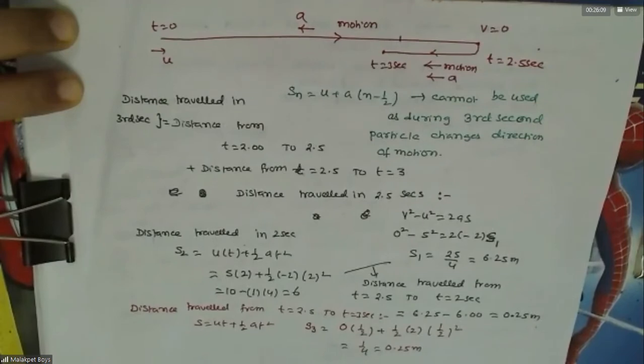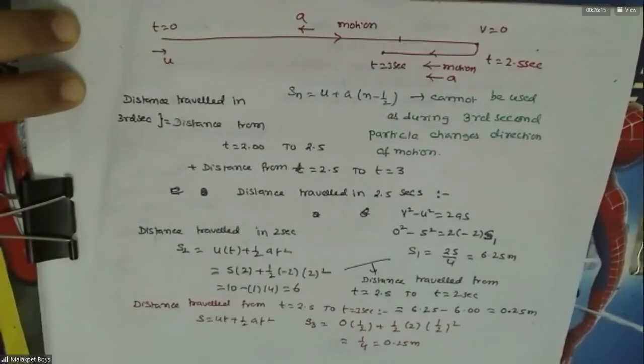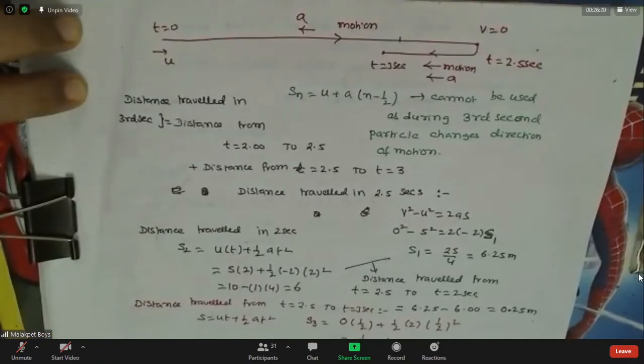So what is the distance traveled in the third second it is asking? 0.5 meters. How much does it come to? 0.5 meters.